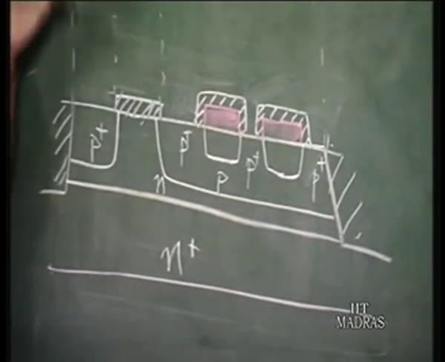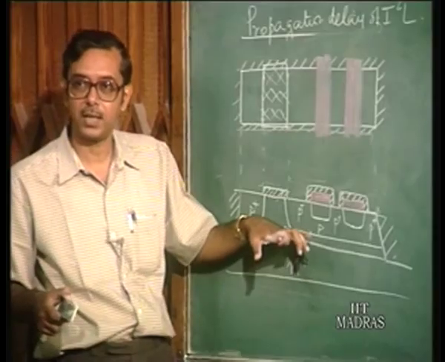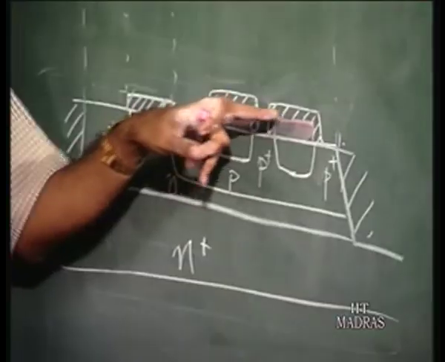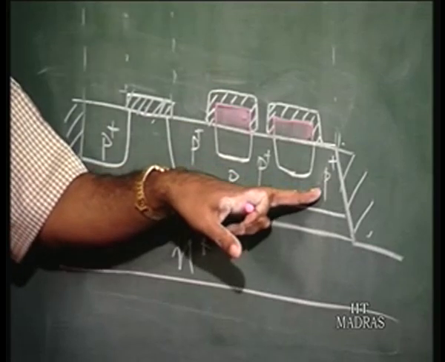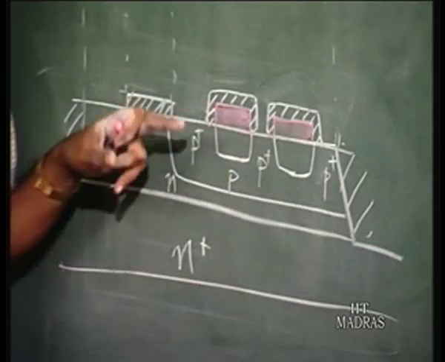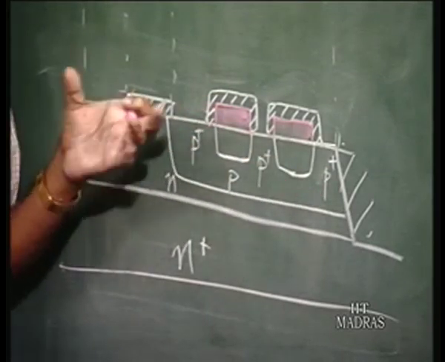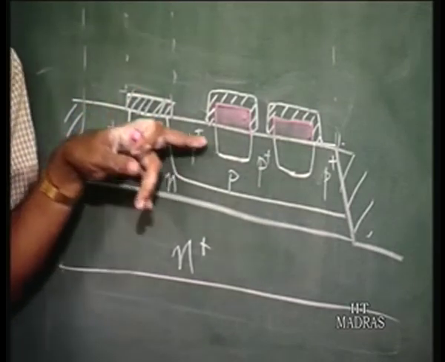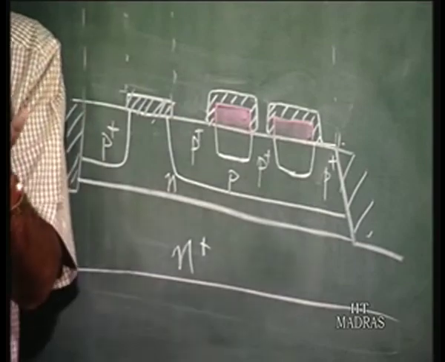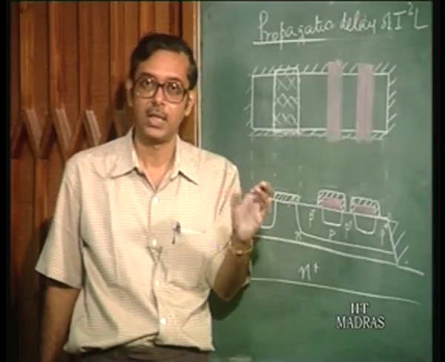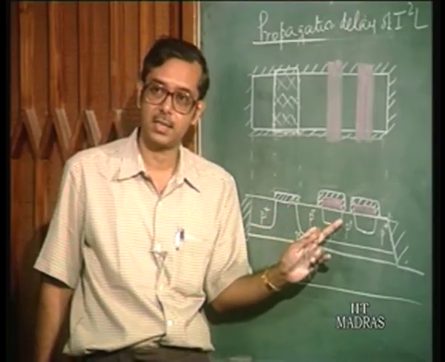You are just doing a p plus implantation; where it is covered with silicon dioxide, nothing happens. So only in the exposed regions do you make it p plus. What is the idea? Number one, you are going to reduce the series resistance. These extrinsic regions are not taking part in any device action or operation, so we have to reduce the series resistance.